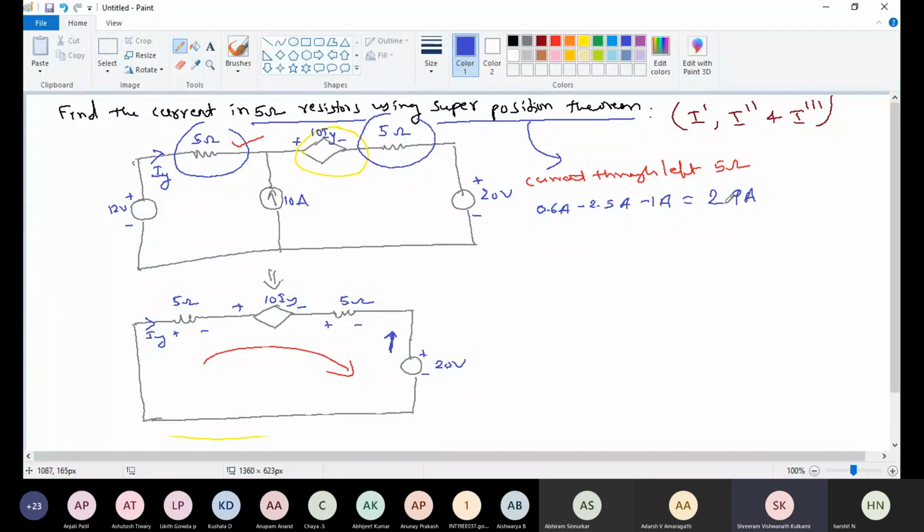That is minus 2.9. Okay, or I simply write equals to plus 2.9 ampere in this direction. Agreed?